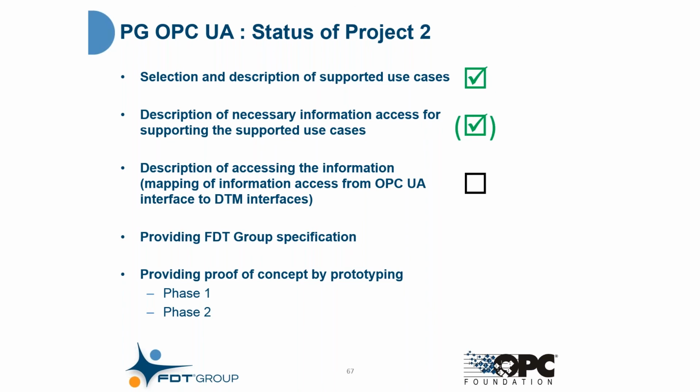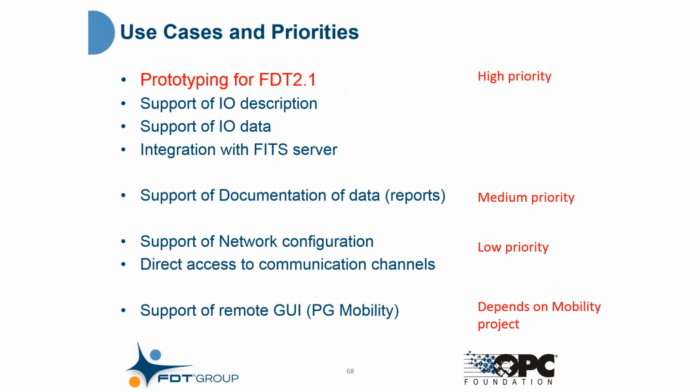Basically the description and the specification or the prototype is something that we do in a later step. Looking at the use cases, we selected priorities. One very important part is that we do prototyping for FDT 2.1, which is about to be released at the end of this year.